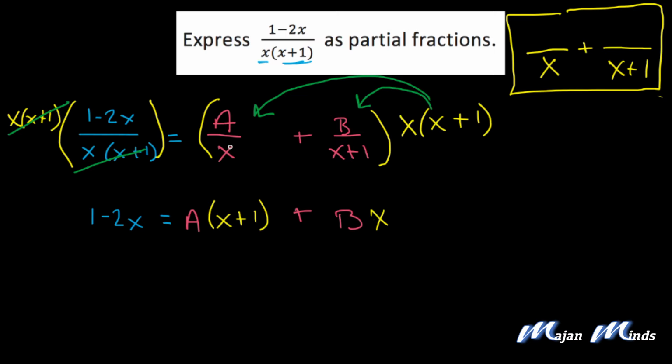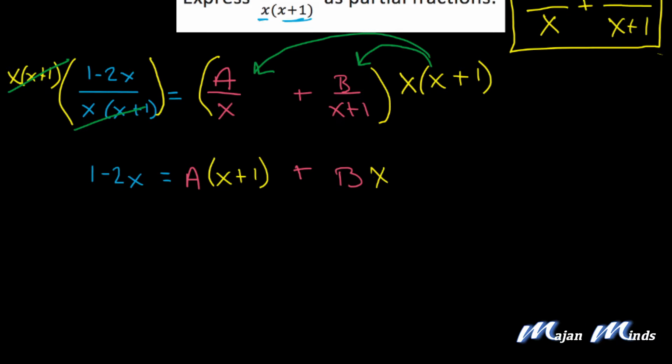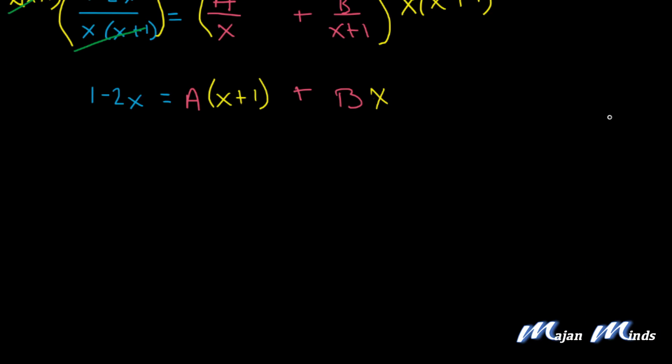So we have written it as pink. We've then multiplied by the denominator x times x plus 1, and now we just need to calculate what's A and what's B. So we're going to use something called substitution here. I don't think we should call it a trick, but it kind of feels sometimes like a trick. What we can do here is we just need to figure out what will make this 0.